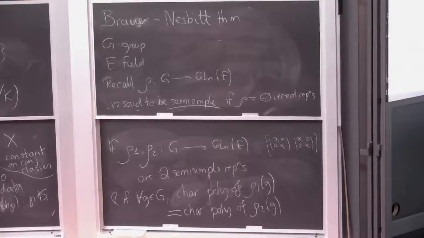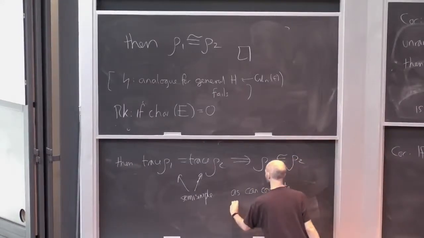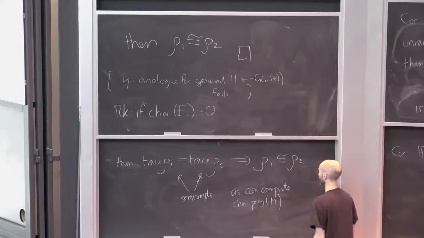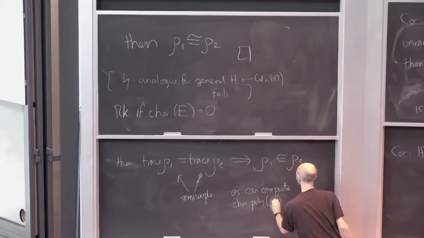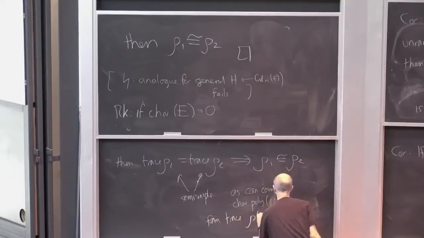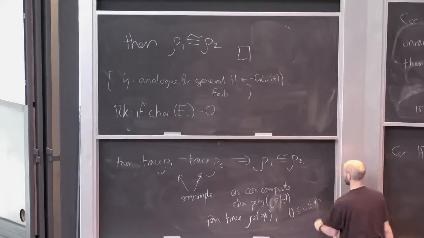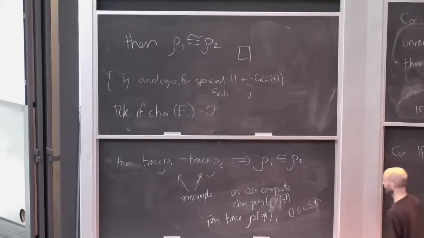So why are these the same? Because you can compute the char poly of a random matrix, the char poly of rho of g, from the trace of rho of g to the i, for i less than or equal to n, I guess.